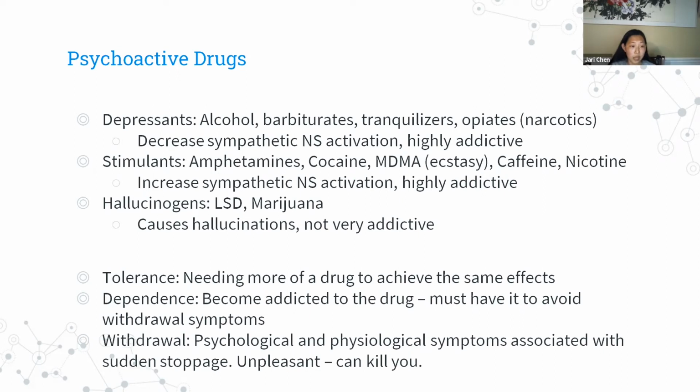Stimulants are things that increase your nervous system. When I think of stimulants, a lot of the time I think of caffeine, because it's something that we're all exposed to, and it lets you get super hyper. So there's also tolerance, and then dependence, and then withdrawal, which are all part of this drug theory stuff.